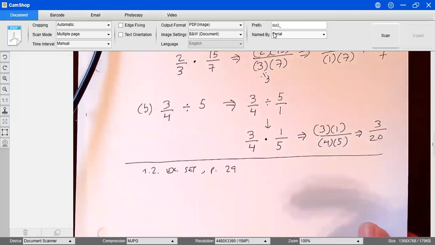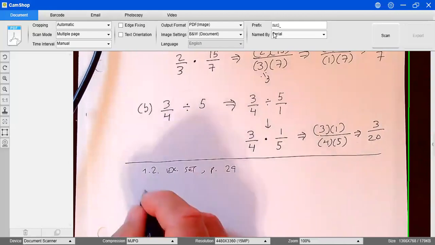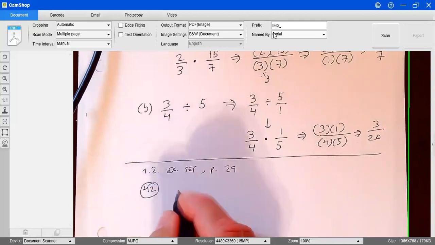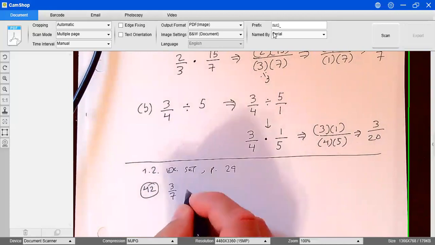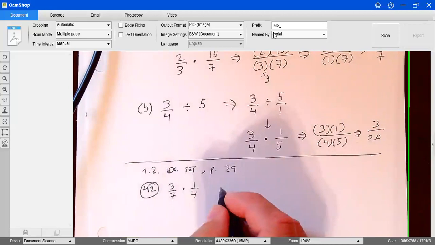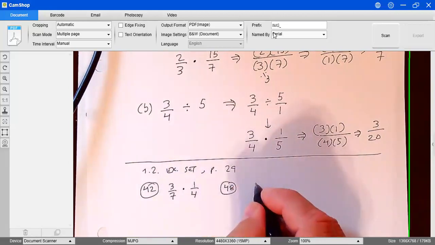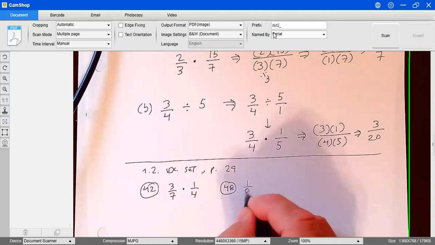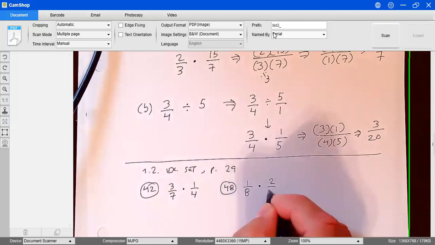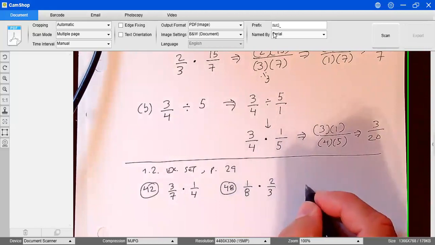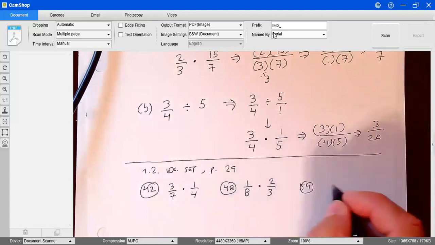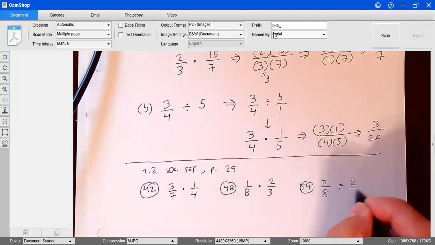So let's see. Problem 42 is 3/7 times 1/4. Then problem 48 is 1/8 times 2/3. Then problem 54, 7/8 divided by 2/3.